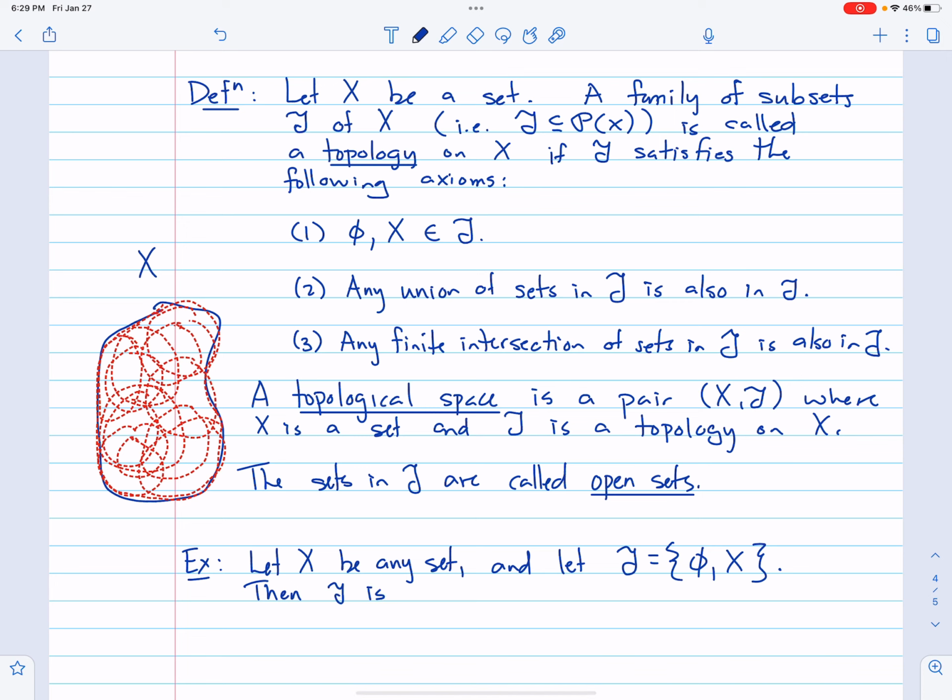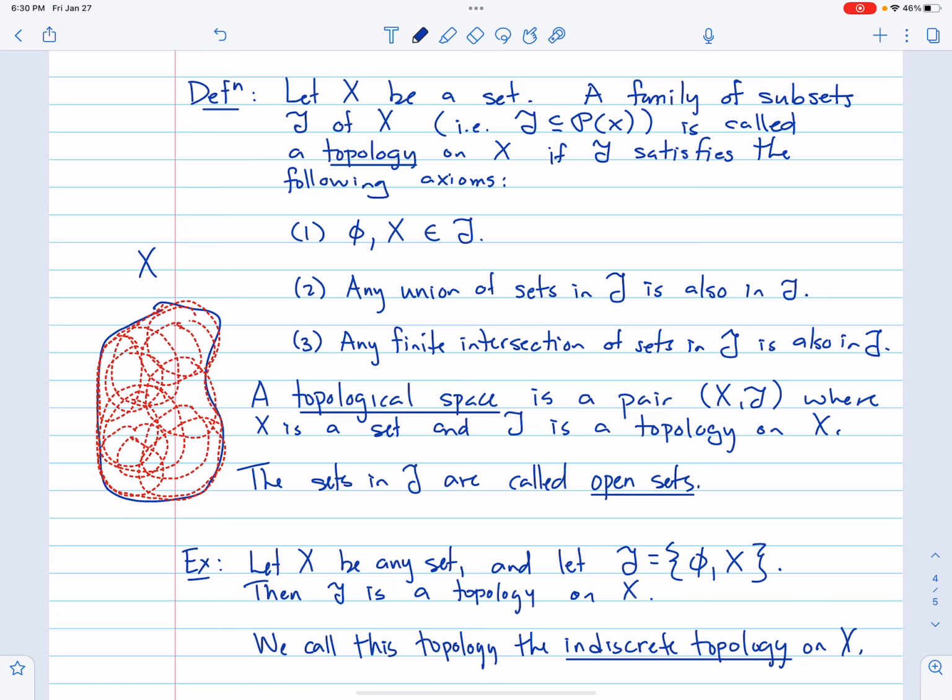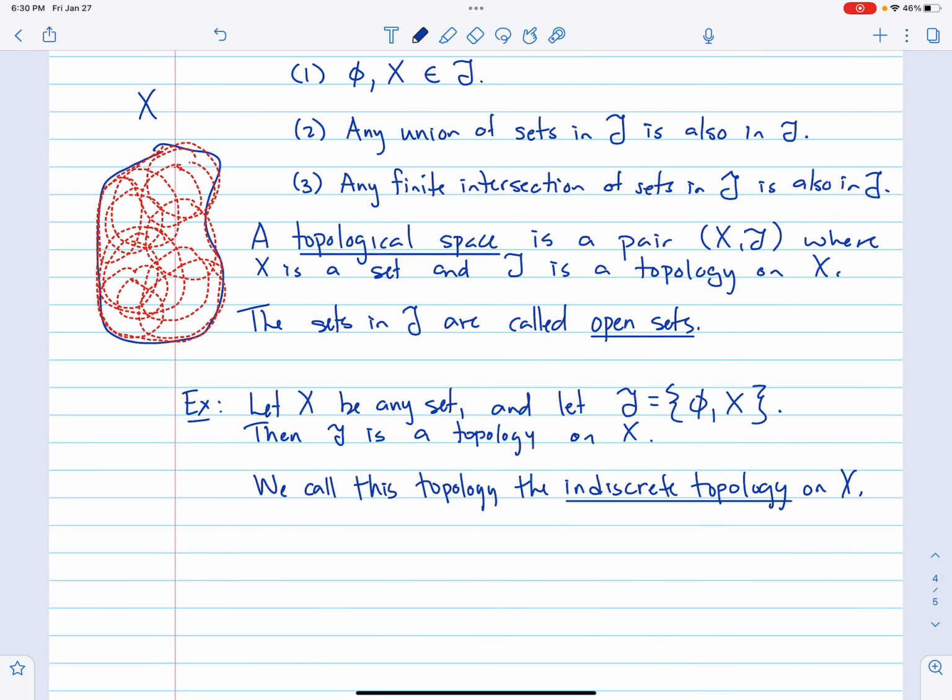Then T is a topology on X. And we call this topology the indiscrete topology on X. Okay, so this is kind of a boring topology, because the only open sets in this topology are the empty set and the whole space.